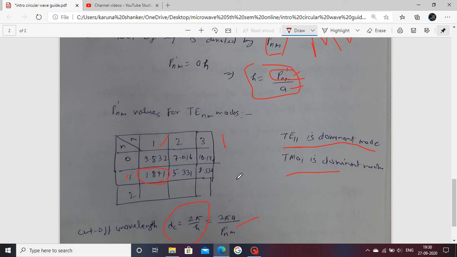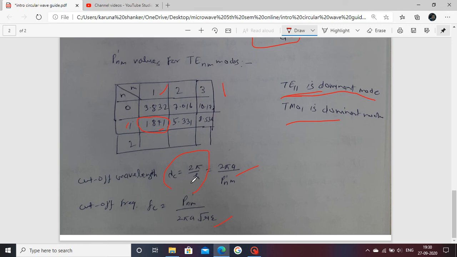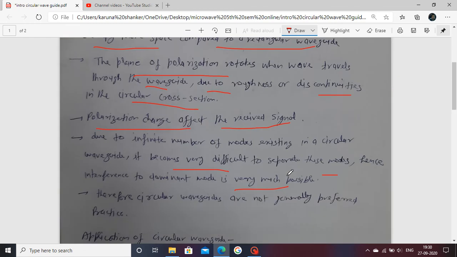The dominant mode is the one with the lowest value of p prime nm, which is 1.841, that is the dominant mode TE11, and TM01 is the dominant transverse magnetic mode. This is the cutoff frequency relation, and this is the cutoff wavelength relation.